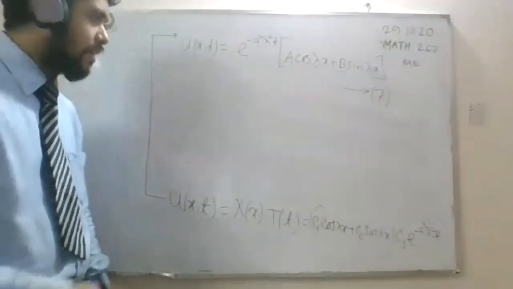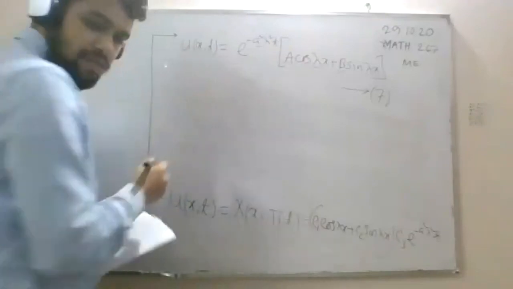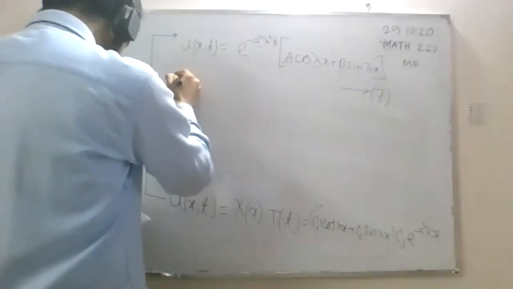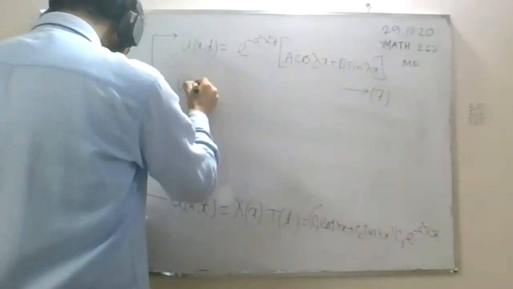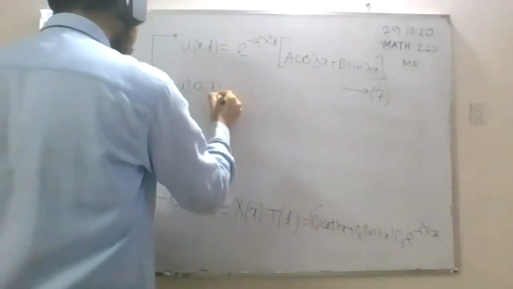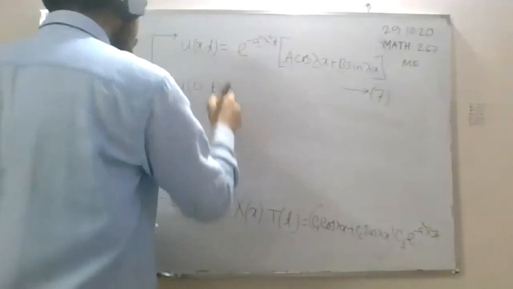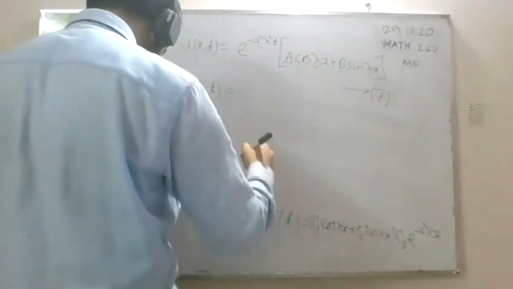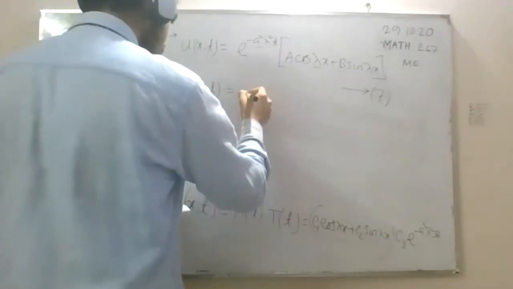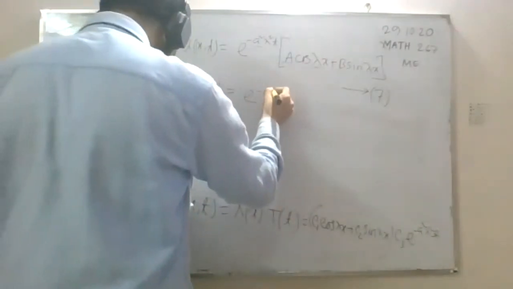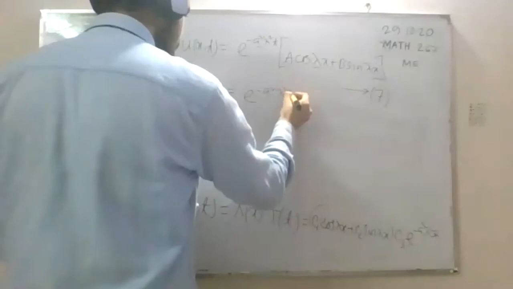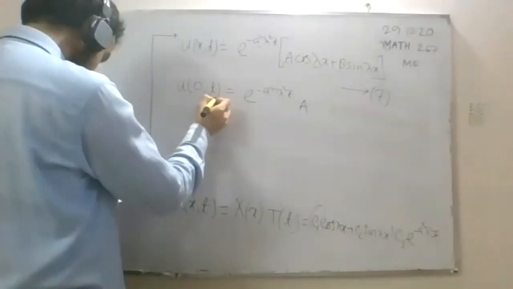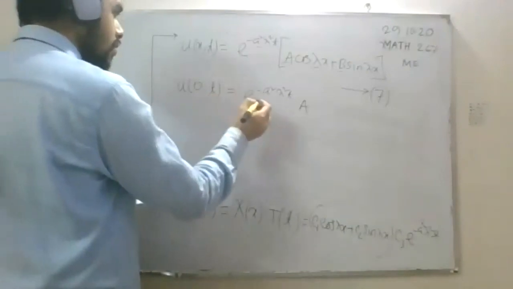At first, if you put x equals 0, u(0, t), you get e to the power minus a square lambda square t into a. And here also u(0, t) equals 0.